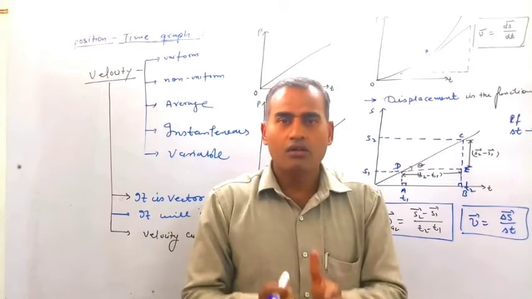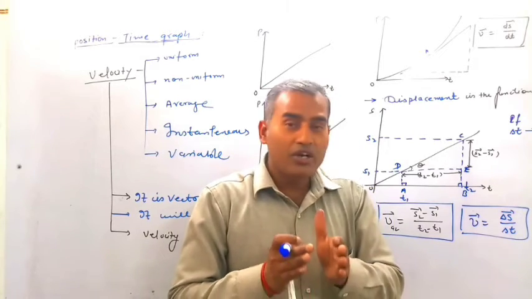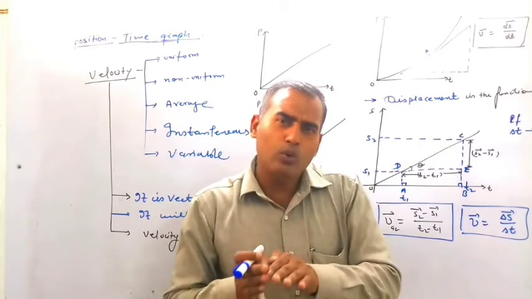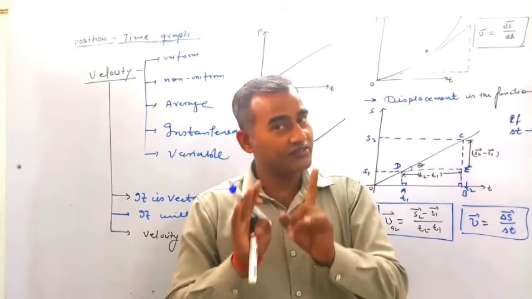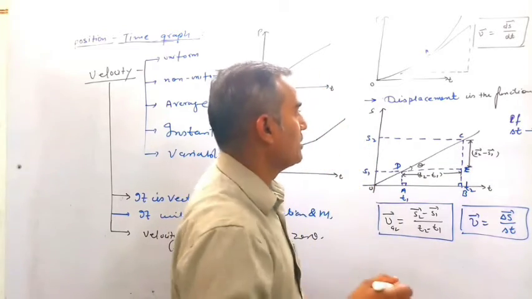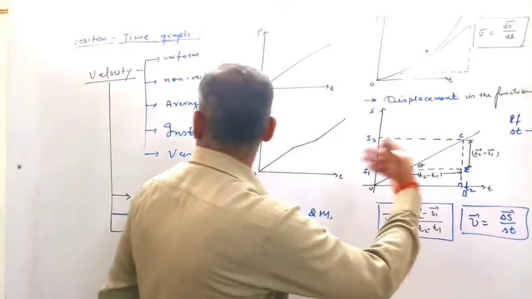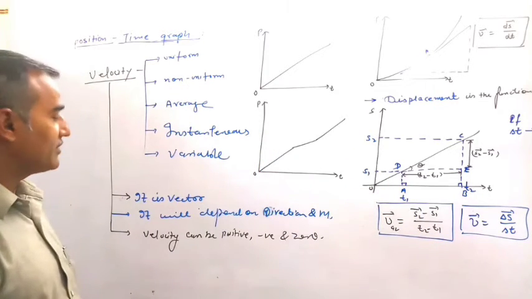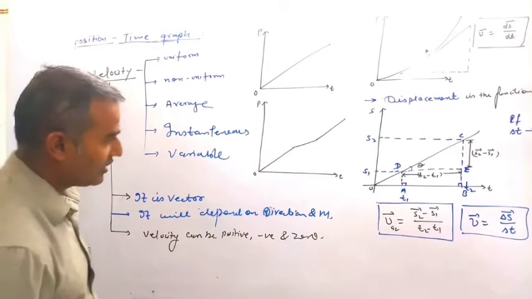That means the difference is reducing and nearly goes to 0, but even if it is not 0, then this term is converted into instantaneous velocity.